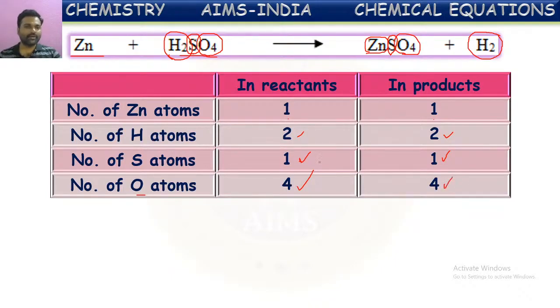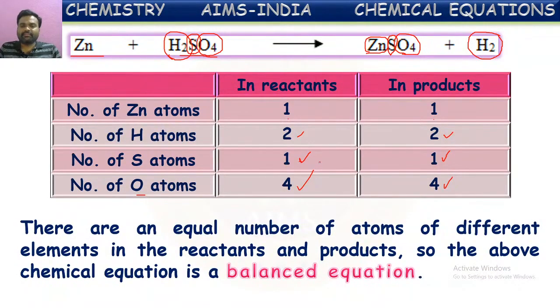So finally we have come to the conclusion that the number of atoms of all the elements on both the sides are equal. Zinc is the same, hydrogen atoms are the same, sulfur atoms are the same, and even oxygen atoms are the same on both sides, in reactants as well as in products.